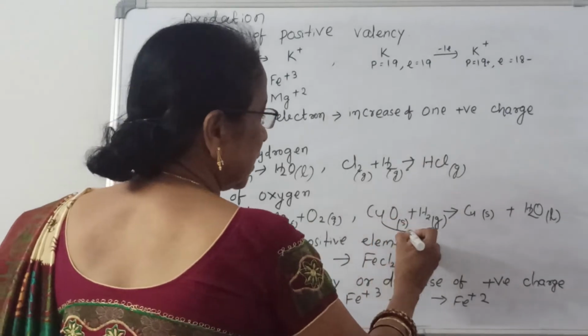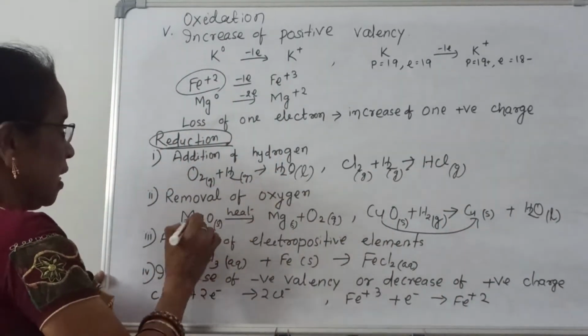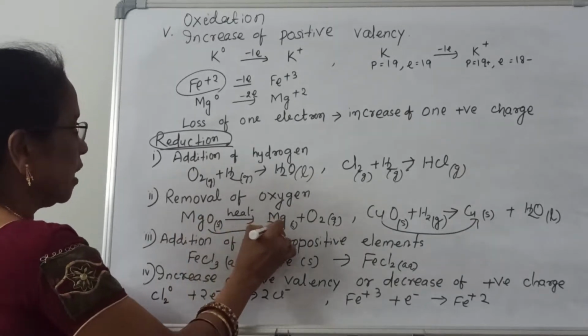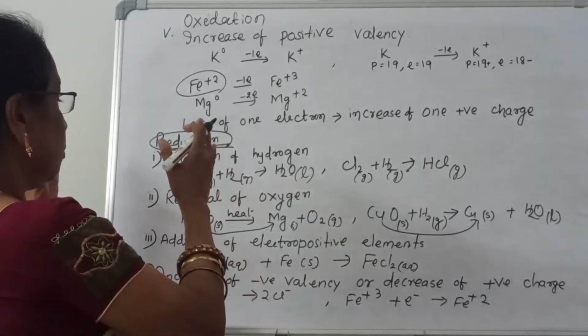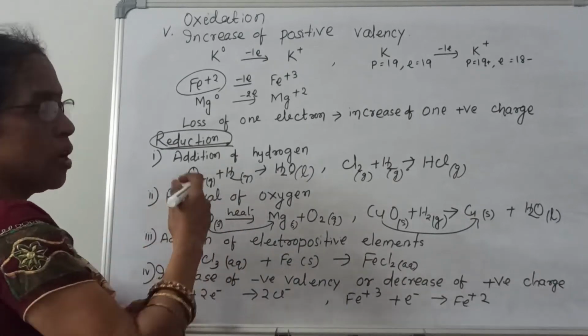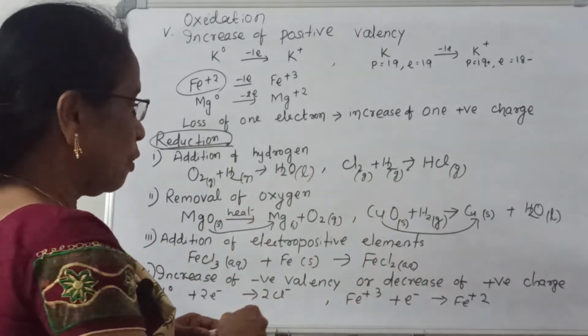Here this is the main change where oxygen is removed. In the same way, oxygen is removed from magnesium oxide. So it is also one point for reduction. Now there are two types of definition: one is addition of hydrogen, second is removal of oxygen. I hope it is clear.